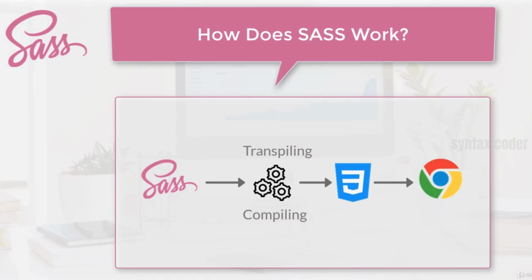The only difference is that in compilation, human readable code is translated into machine readable code. In transpilation, human readable code is translated into another human readable language, in this case SASS into CSS. After transpilation, the browser will be able to read standard CSS code and render it on the page.